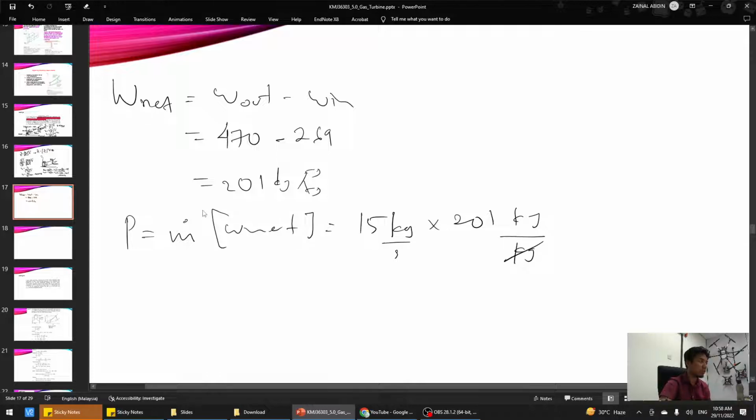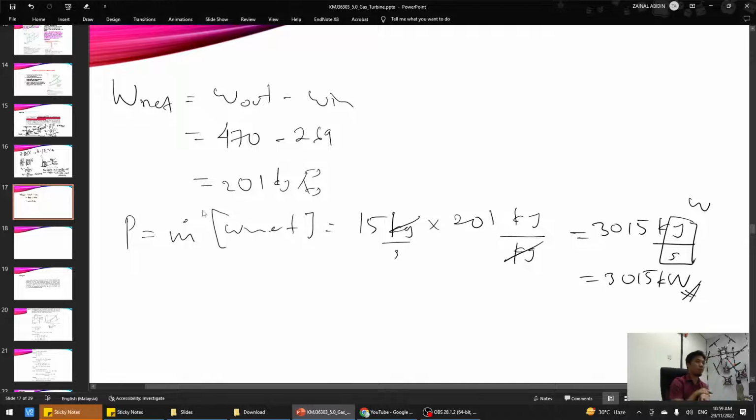Potong kg, tinggal 15 darab 201, 3015 kilojoule per second ataupun kilowatt lah. Joule per second ni ialah unit dia watt. Okay, 3015 kilowatt. Dapat. Okay, mudah. Sangat mudah.